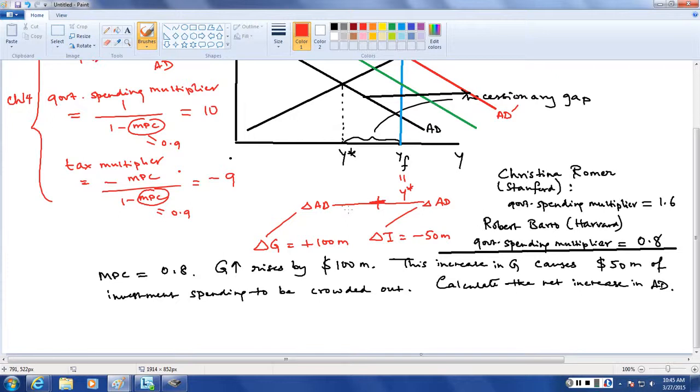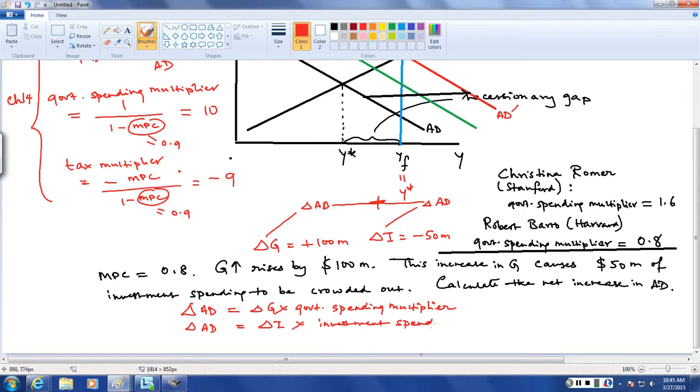Well, what's the formula we need to employ? The two formulas that we need to employ are delta AD is equal to delta G times the government spending multiplier, and delta AD is equal to change in investment spending times the investment spending multiplier.